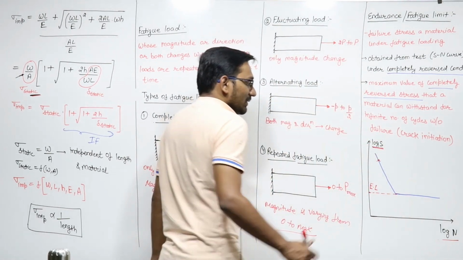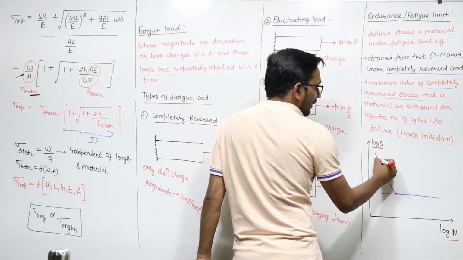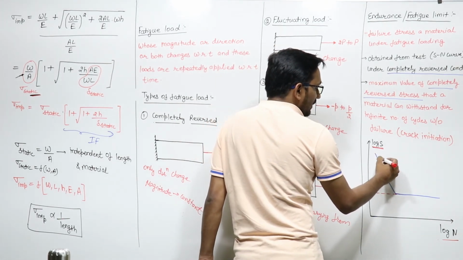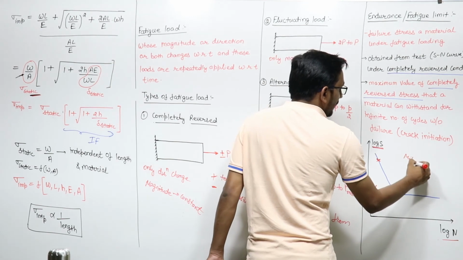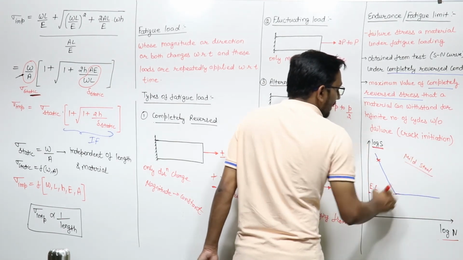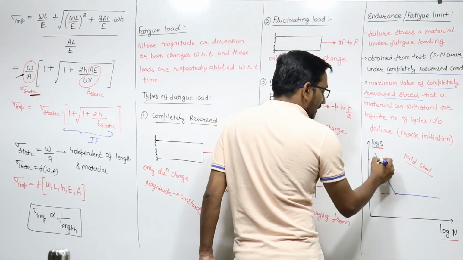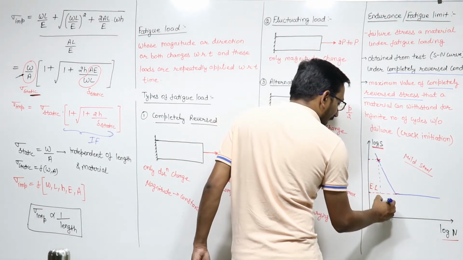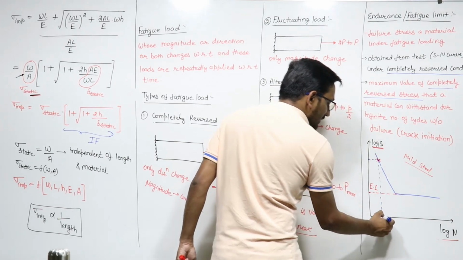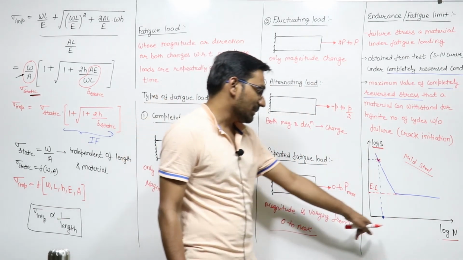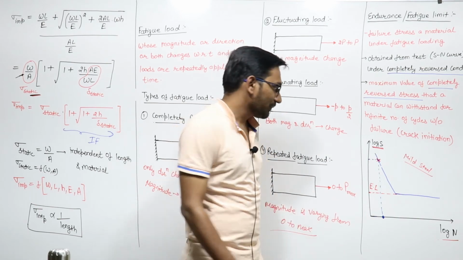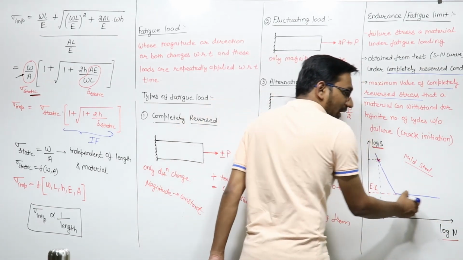Suppose this is of mild steel. If the stress is at this level, then this body will fail after this number of cycles. This is the failure graph, right?